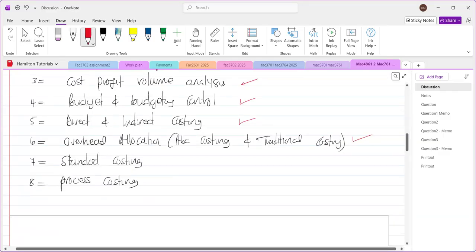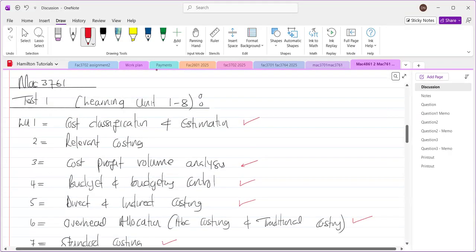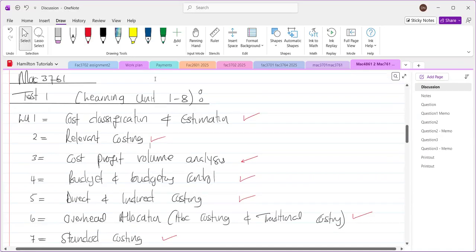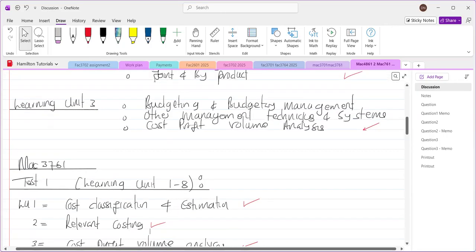But you also have standard costing, process costing, as well as relevant costing, which the CTA will not be worried about for now. So we'll concentrate on the topics that are common, and then we'll have a separate class for wherever there are differences. Right, MAC 3701, you do everything. So all is good today. Right, so these are the topics relevant to each group in terms of their test number one.